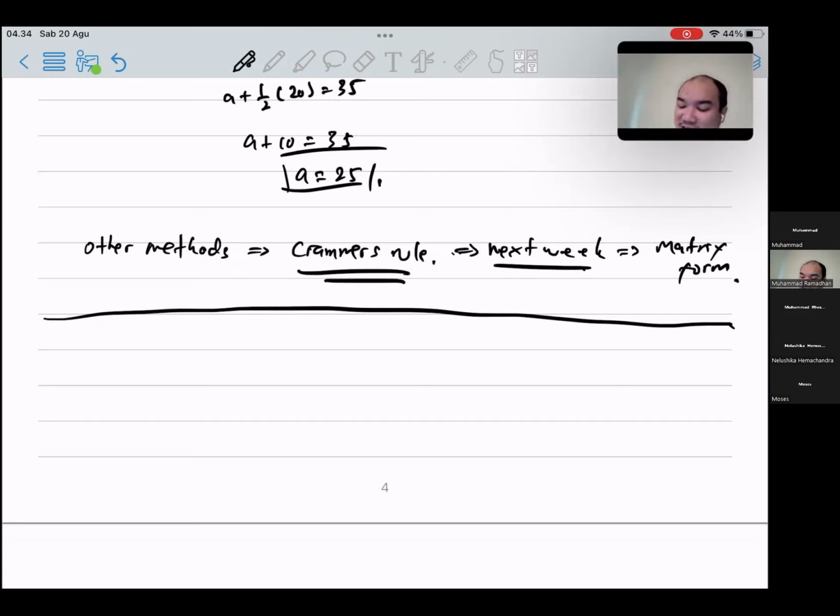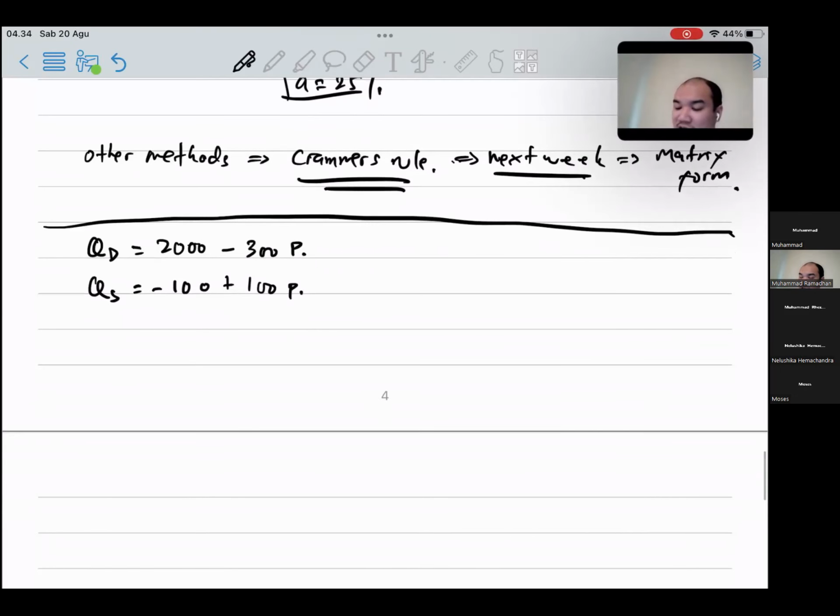So suppose you have the demand function QD equal to 2000 minus 300p, and QS is equal to minus 100 plus 100p.